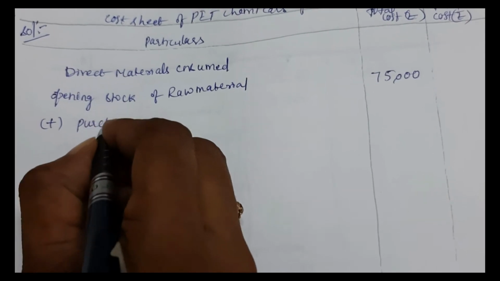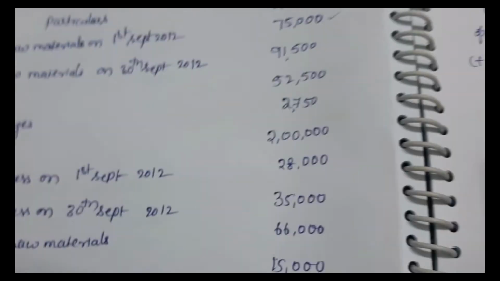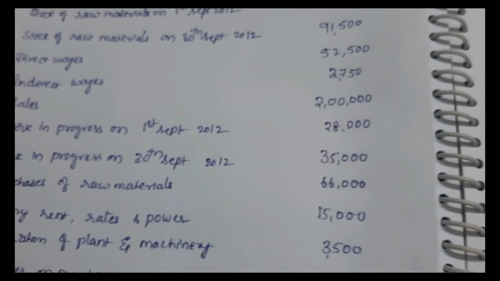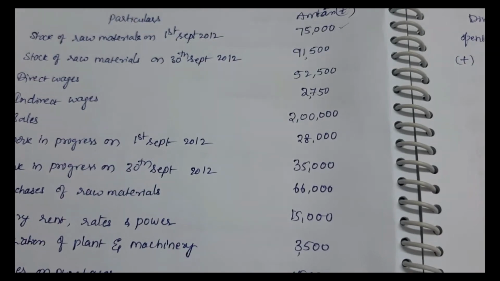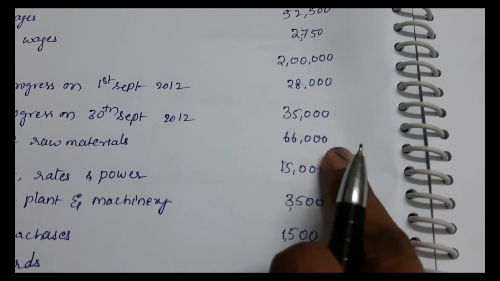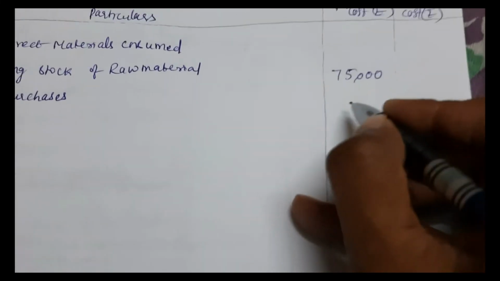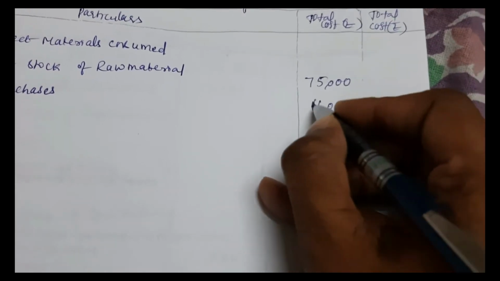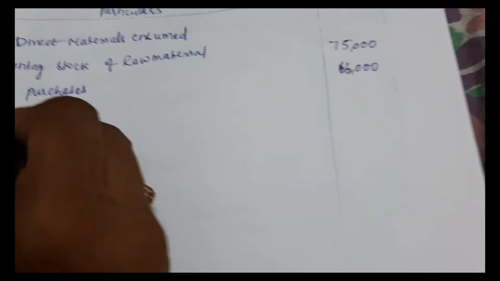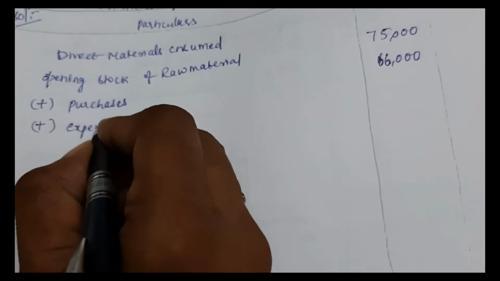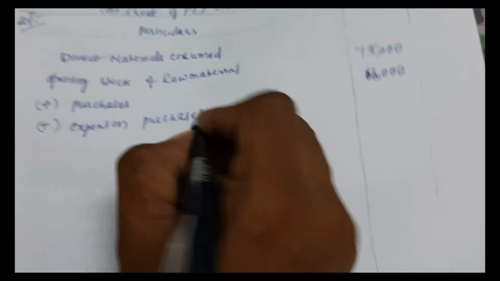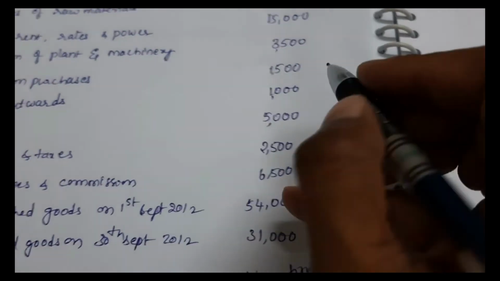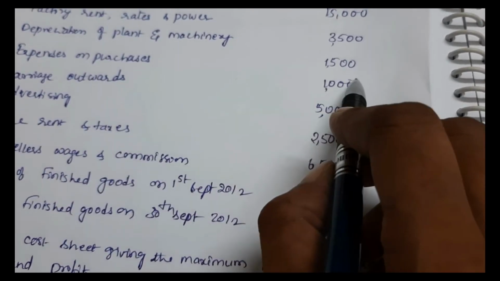To this we should add purchases, and purchases are given 66,000, plus expenses on purchases given 1500.